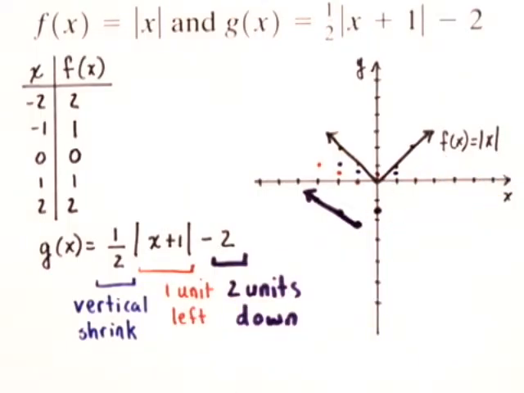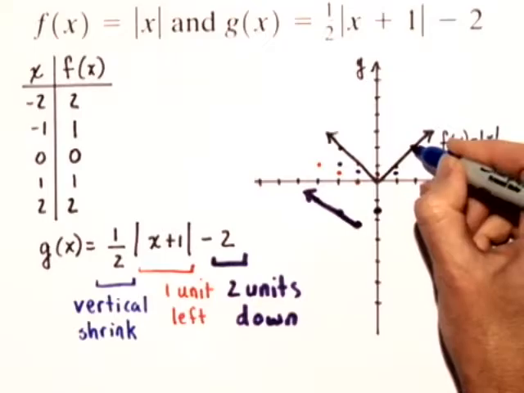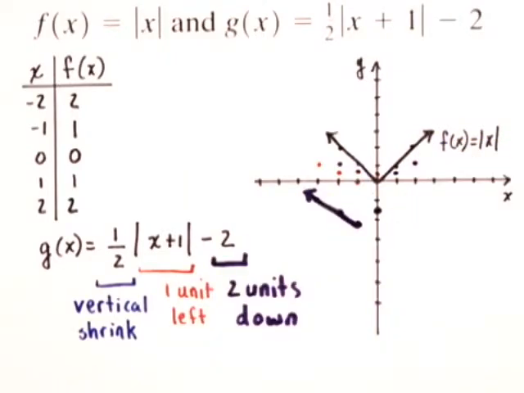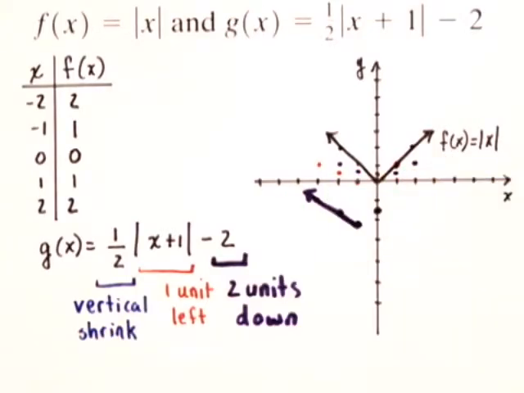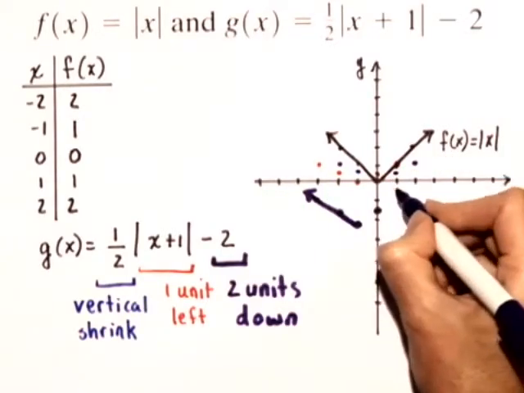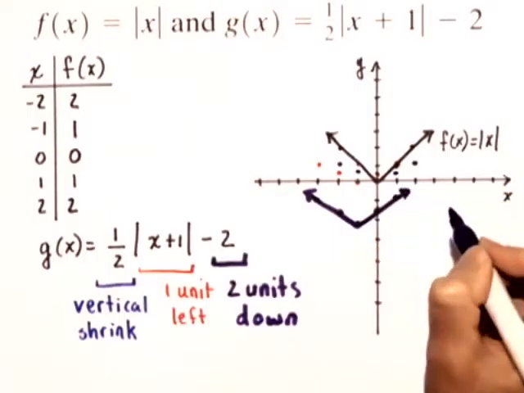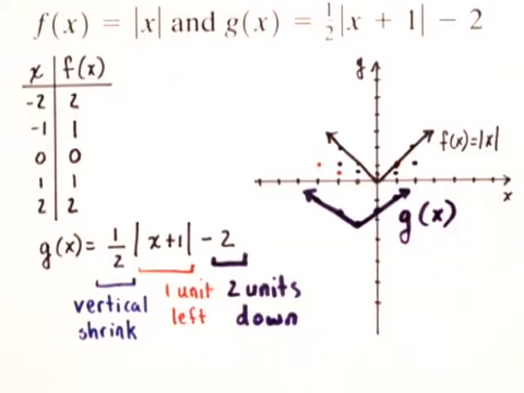The last point up there, let's start at 2, 2. It has a vertical shrink, so my y-coordinate is half as large. My horizontal shift is 1 unit to the left. And finally down 2 units, 1, 2. And here is a picture of the graph of g of x.